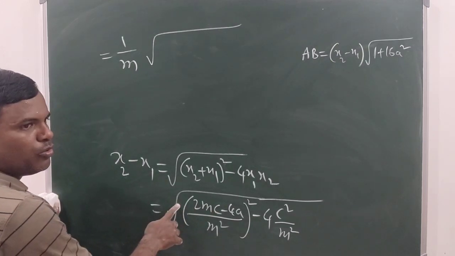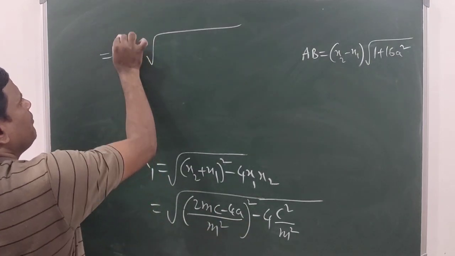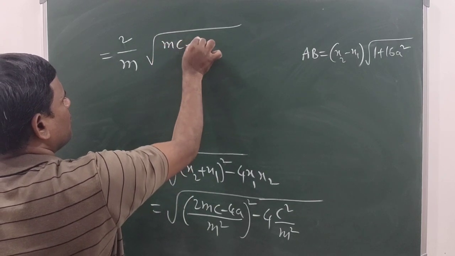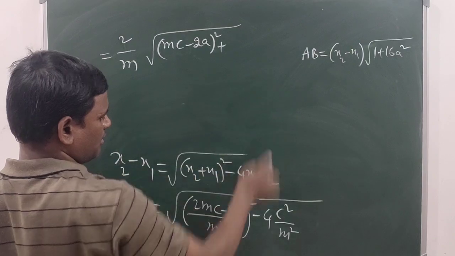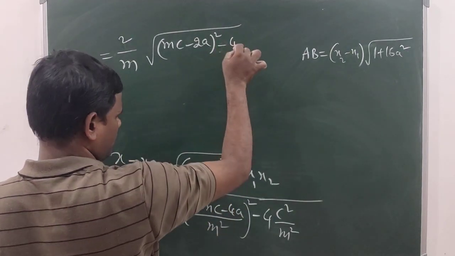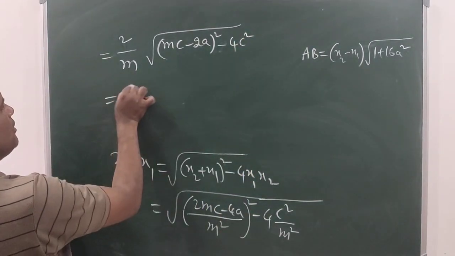Here you can take 2 outside, here 2 outside. So 4, 4. So 2 by m will come out. So here (mc minus 2a) whole square will be left, here minus 4 c square. Now simplify that.